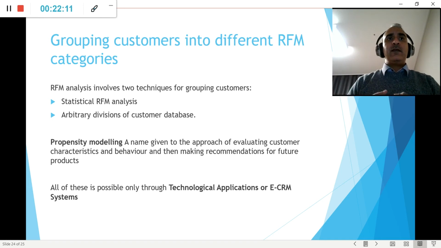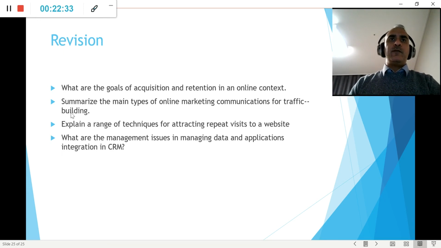So in this case, like I said, that could be propensity modeling, which evaluates customers' behavior and categorizes them. And of course, all of this we can do by statistics based on the numbers that we have, or we decide to make specific divisions between our consumers based on their profiles.